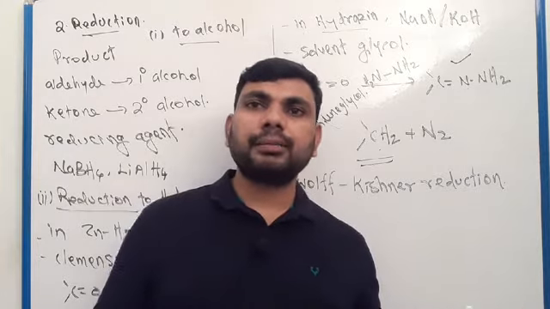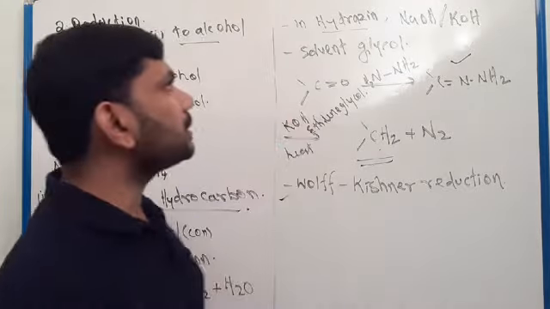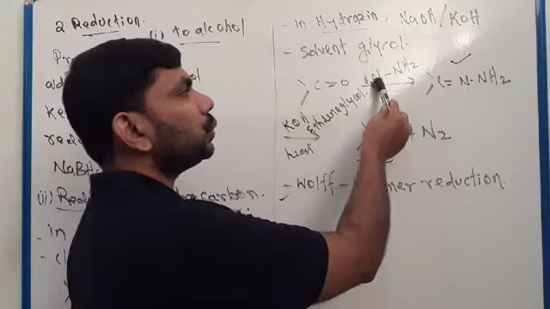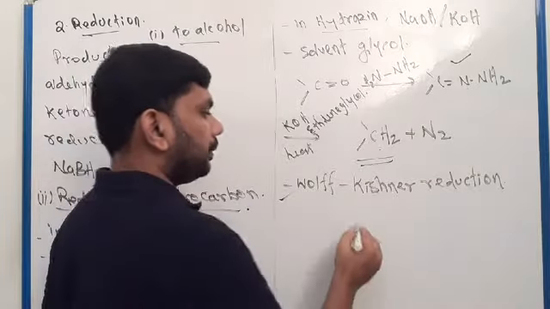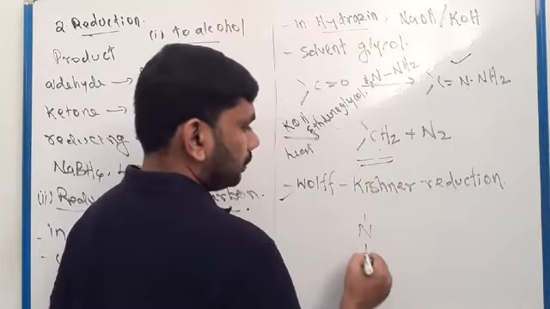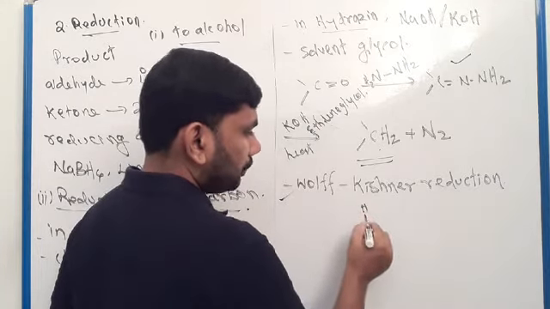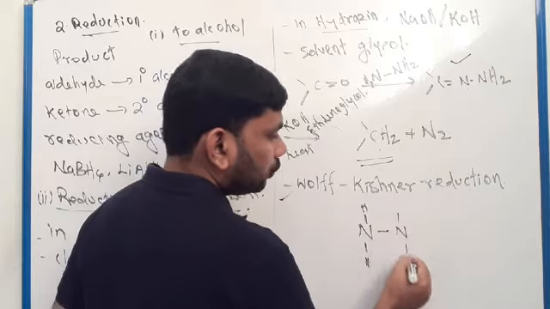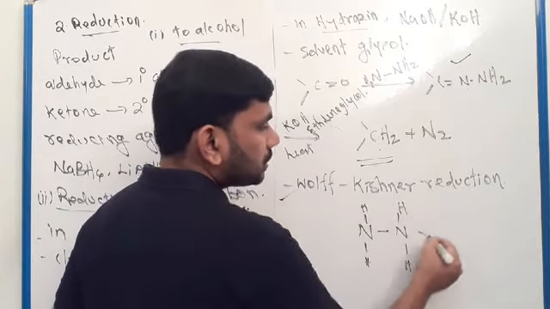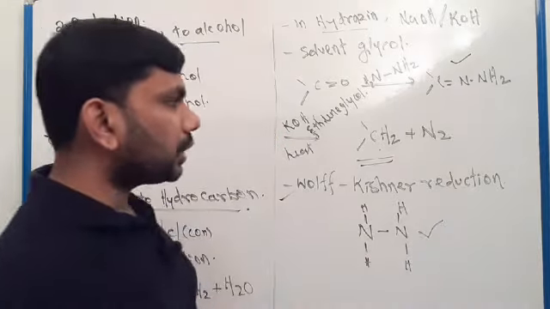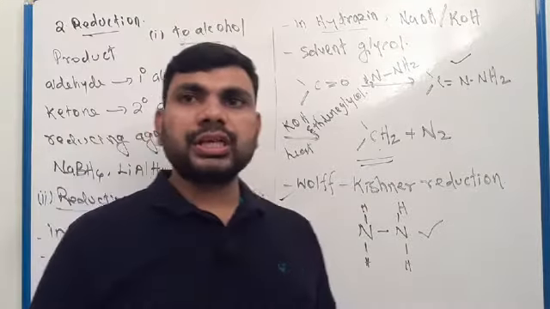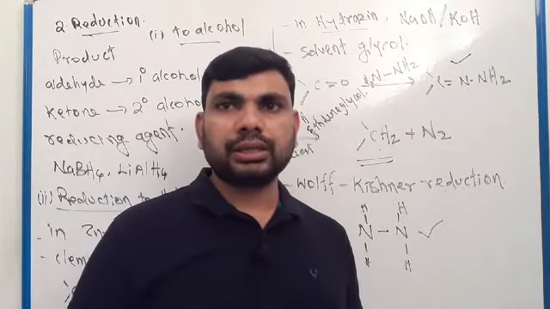Hydrocarbon is the final product. Hydrazine is this compound: nitrogen with two hydrogens, and another nitrogen with two hydrogens. This compound is called hydrazine. So here Wolff-Kishner reduction and Clemmensen reaction.